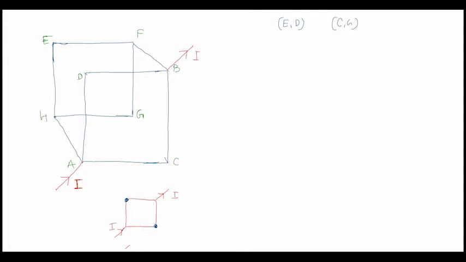Now we consider that a total current I enters into this network and gets divided into these two networks which are identical. These two, ACB and ADB, are identical. So I consider that I1 current is flowing in this part and I1 current is flowing in this part.